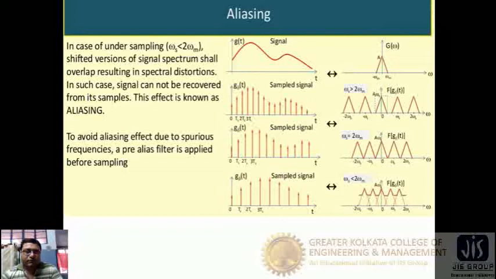the sampling frequency plays an important role in recovering the signal also. That means if the sampling frequency of the input signal is not sufficient, the recovery process also gets hampered.